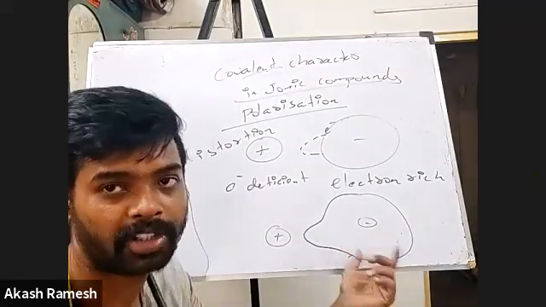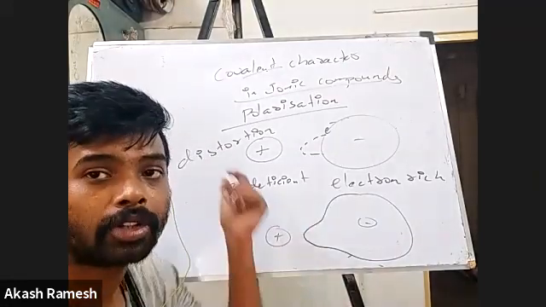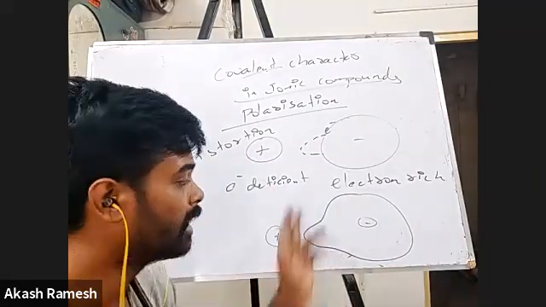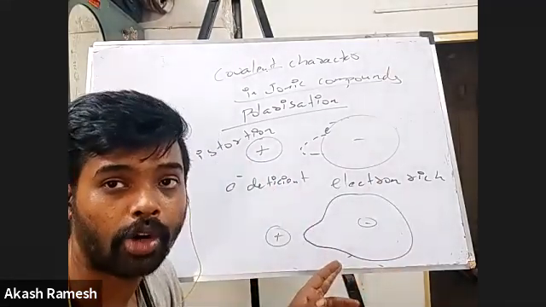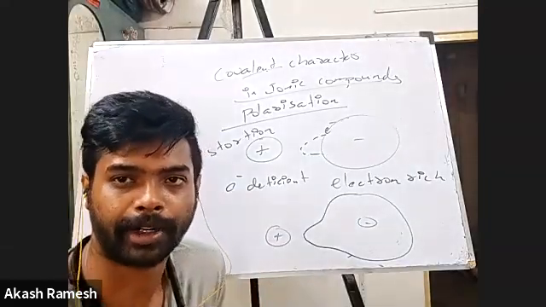The anion is the one for which it is happening, the electron cloud is being distorted, and the cation is the one that is causing it. So polarization is the phenomenon of distortion of the electron cloud of anion by cation. Very simple words, we defined it.